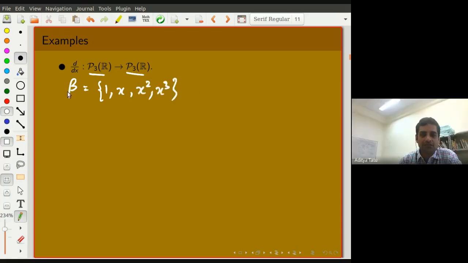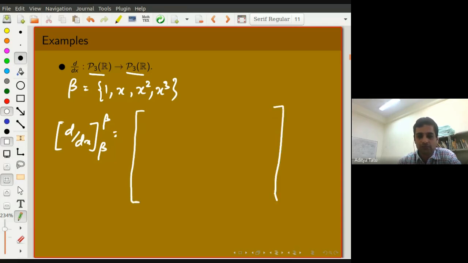And for now, let's use the same basis both for the domain and codomain. What would be this matrix? What would be the size to begin with? Anyone? 4 cross 4. Good. Okay. How will we find the first column?